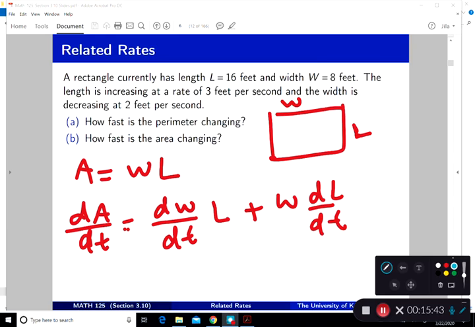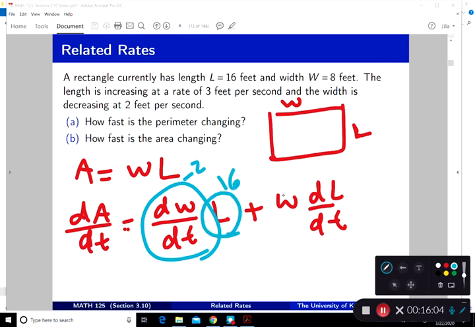Now, we figured out dW/dt: the width is decreasing at rate 2, so this is negative 2, and the length is equal to 16, and then width at that instant is equal to 8, and L is increasing at the rate 3.